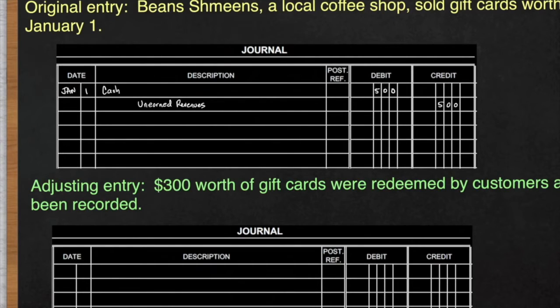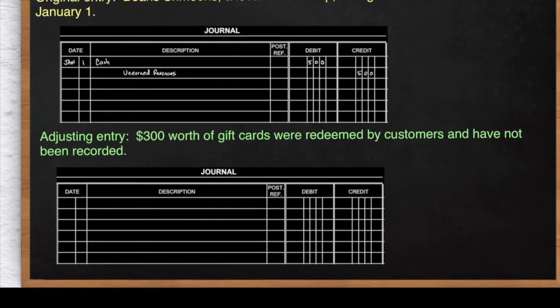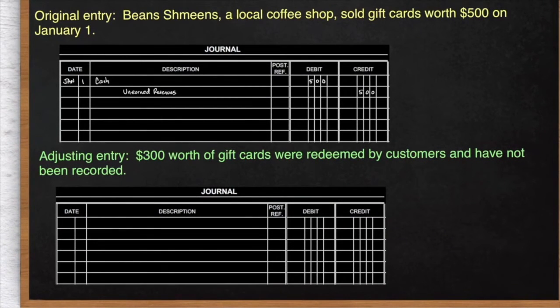Why? The business received cash and now the business owes people coffee or whatever product they may sell in the coffee shop. So unearned revenue is $500. Again, a liability.